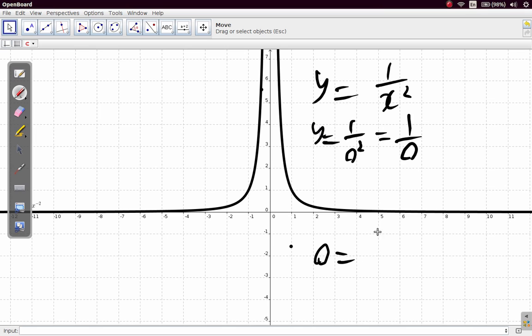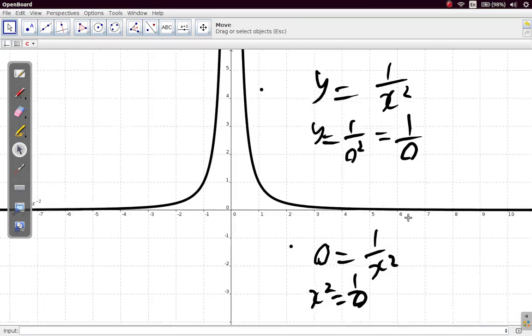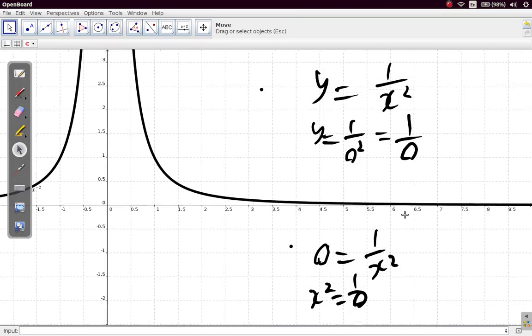You'd say 0 is equal to 1 over x squared. When you multiply both sides by x squared and divide by 0, you get x squared is equal to 1 over 0. Again, can't do that. You are trying to divide by 0. So you do not have any point plotted on the x-axis when y equals 0.